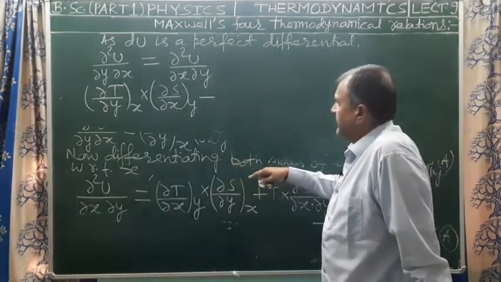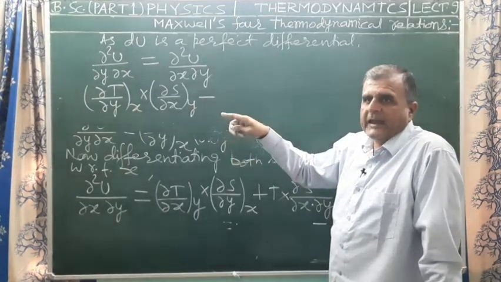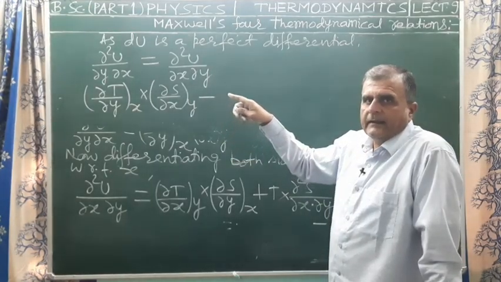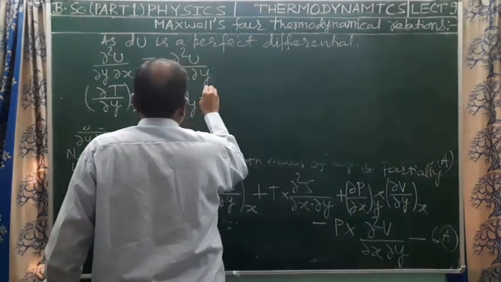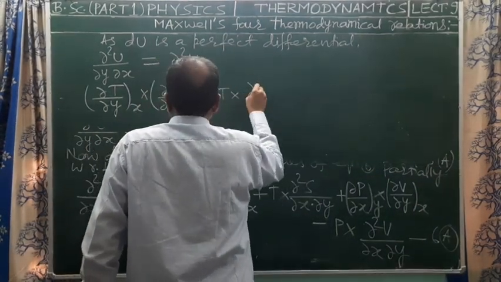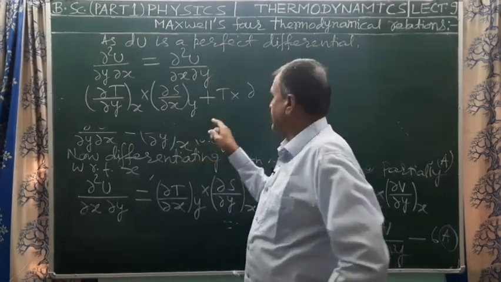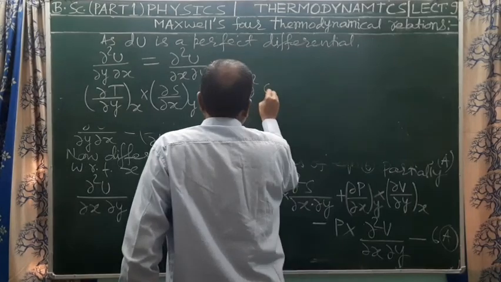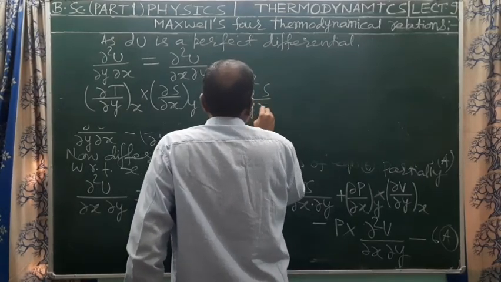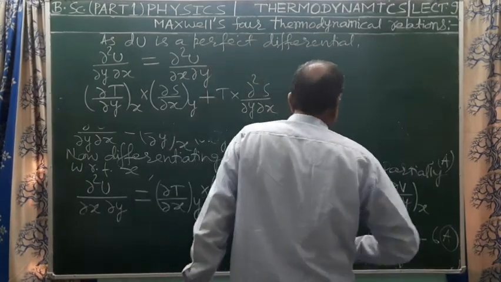And the second term is plus T multiplied by ∂²S/∂y∂x.